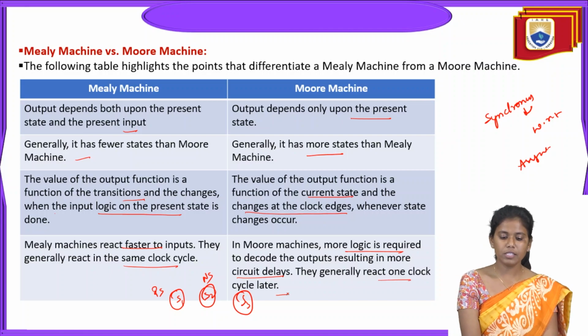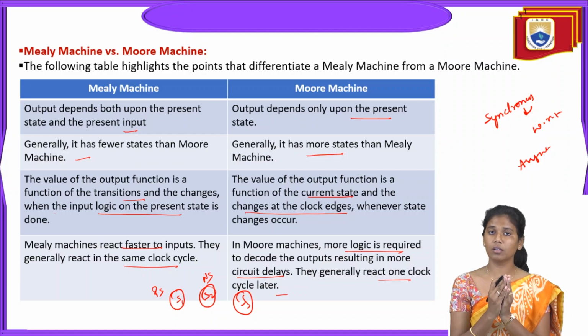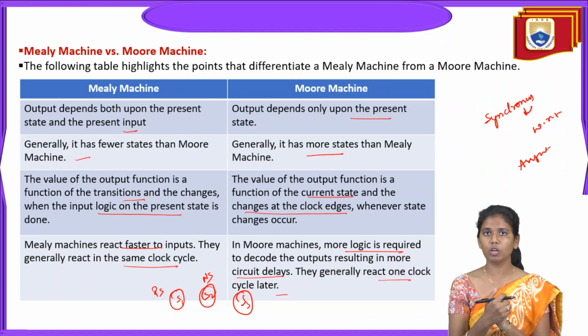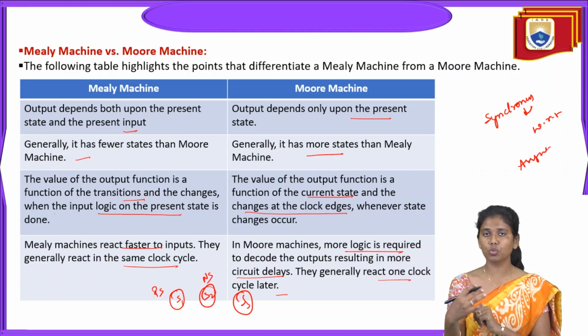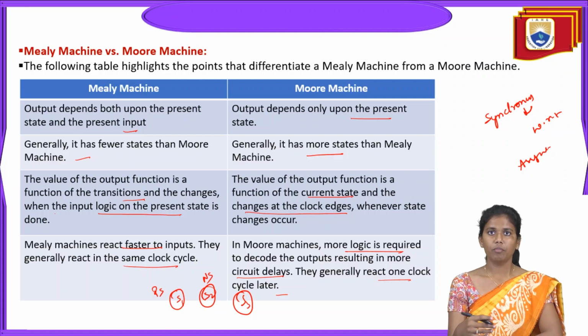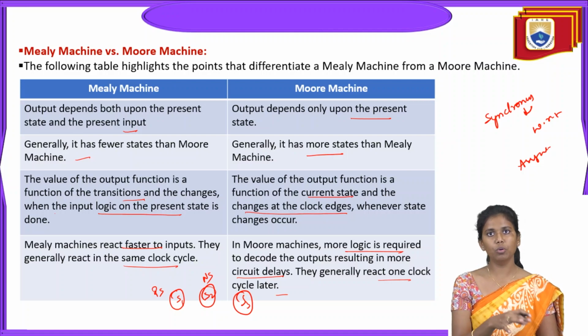So with respect to one clock pulse we can get the output from a Mealy machine, whereas a Moore machine reacts over more clocks. If you compare both, Mealy is the better one to consider.